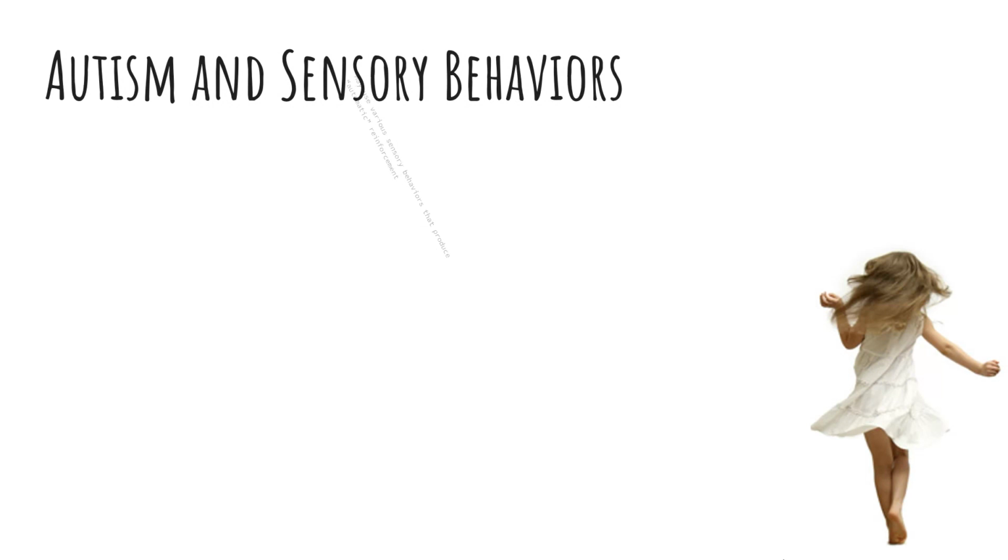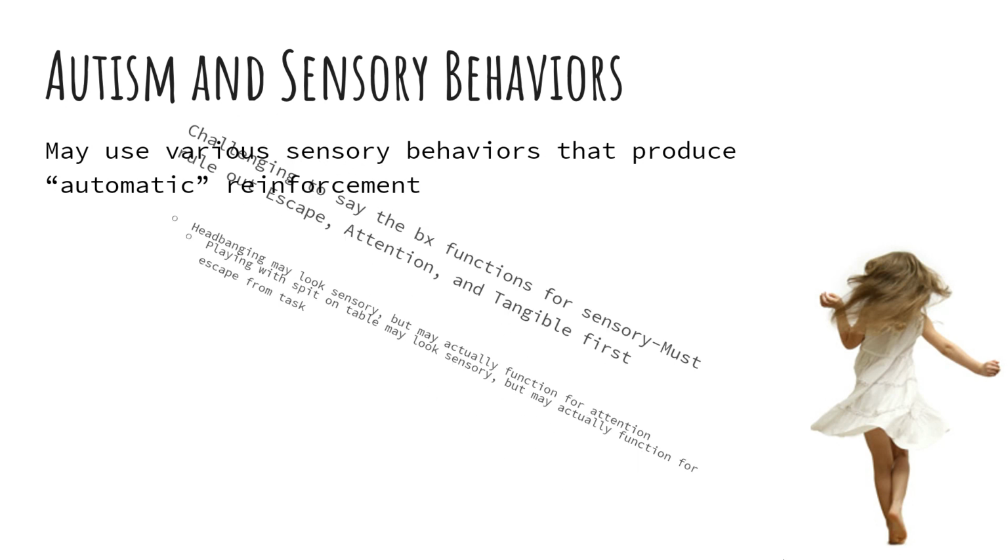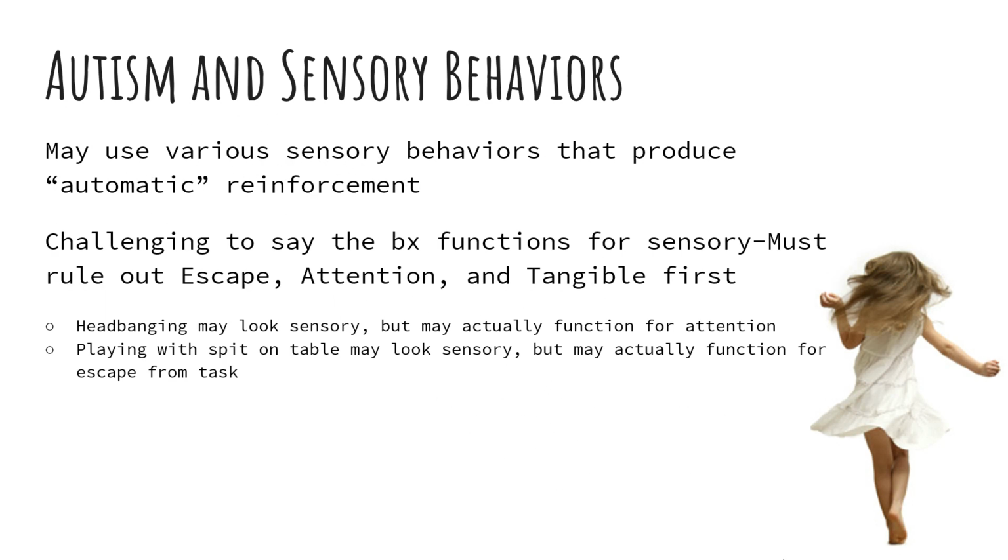Autism and sensory behaviors. People with autism use a variety of sensory behaviors, so this produces automatic reinforcement for them. And the challenge to saying that a behavior functions to create some sensory need is that you have to rule out the other functions.